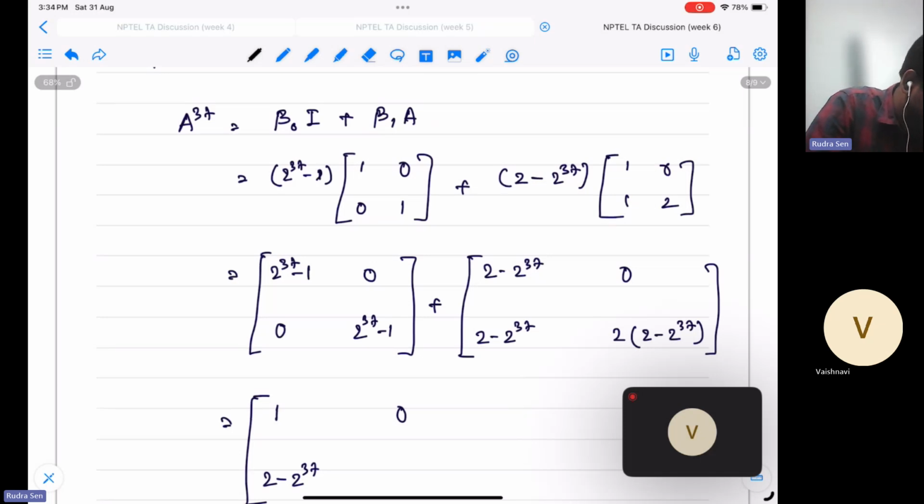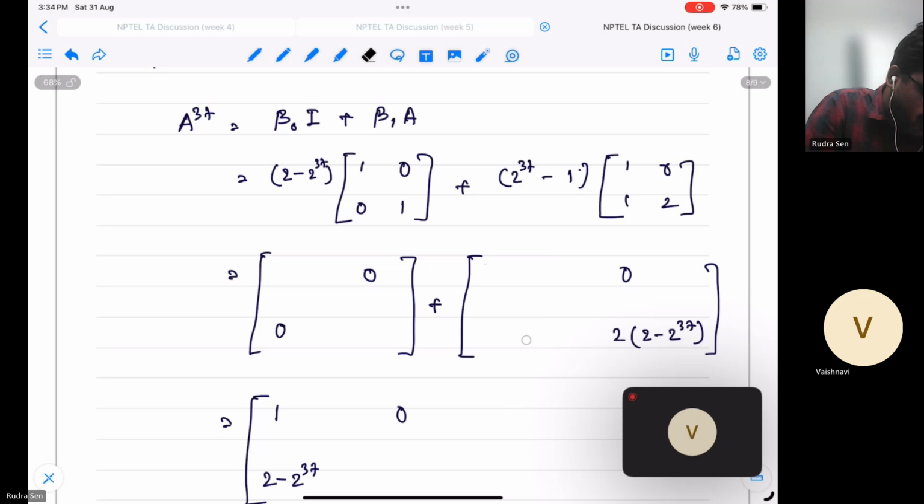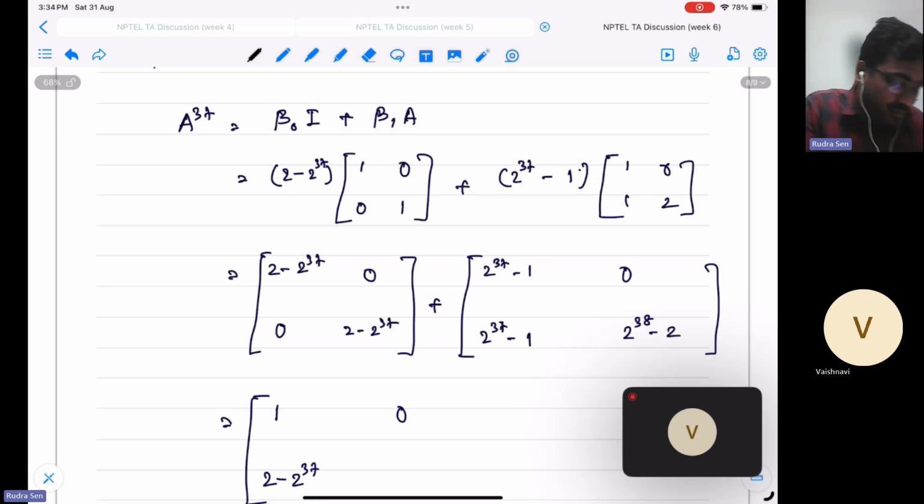This beta naught is 2 to the power 37 and this beta 1 is 2 to the power 37 minus 1. So this should be 2 minus 2 to the power 37, 2 minus 2 to the power 37, and this is 2 to the power 37 minus 1, and this is 2 to the power 37 minus 1, and this should be 2 to the power 38 minus 2.